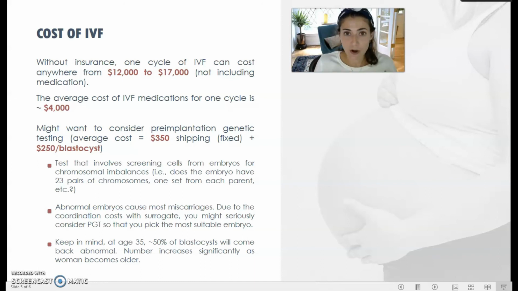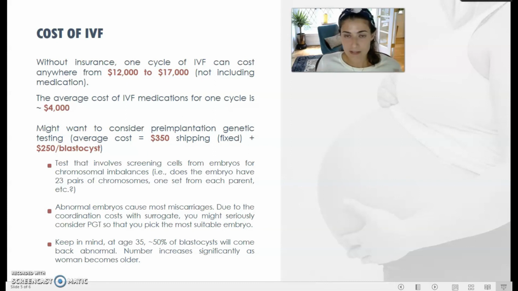So IVF is hard. IVF is hard for many reasons, mentally, physically. And for me, it was definitely this mental component of IVF that was the most challenging. So keep in mind that at age 35, approximately 50% of your blastocysts will come back abnormal. Every year that you get older, or the mother gets older, that number just increases significantly.